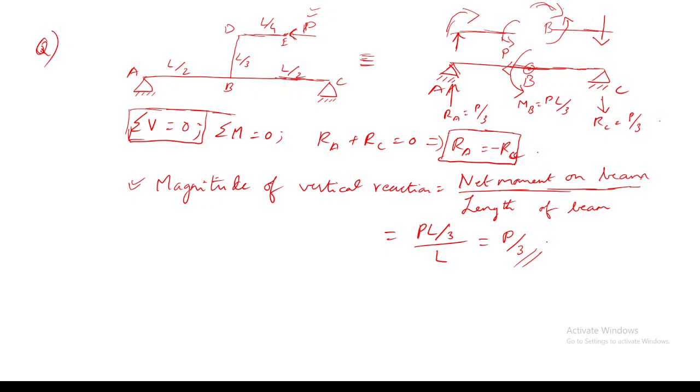So can you draw the axial loading diagram? For example, here the axial load will be here. Here is a roller support. So will there be any horizontal reaction at point C?